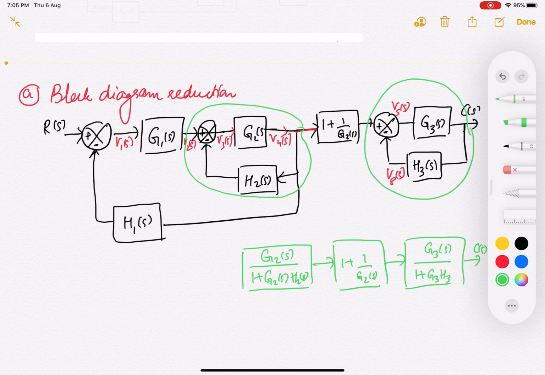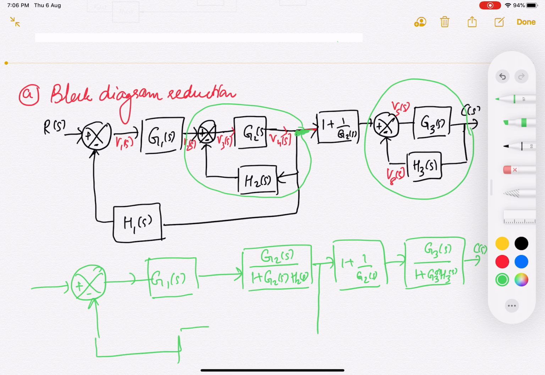So this is your C(s) output. What is left now is your G1(s) here, and also this feedback V4 that you're taking from here, just before it enters 1 plus G2(s). So this one more feedback path is still left, and this is your H1(s).